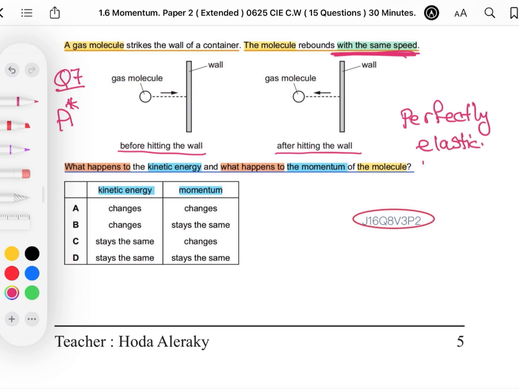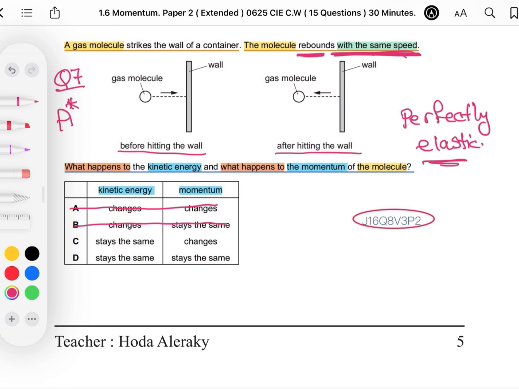What do you mean by perfectly elastic? It means no change in the kinetic energy. The average kinetic energy of molecules will not be changed. And it's also mentioned here that after collision it rebounds with the same speed, which means the kinetic energy will not be changed. So we have to exclude A and exclude B. You have to choose between C and D.